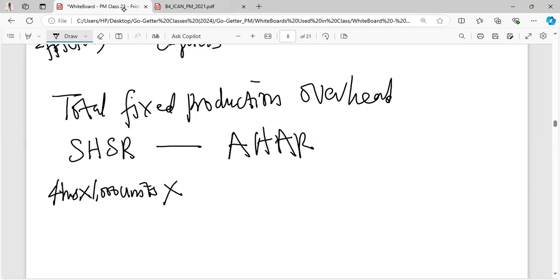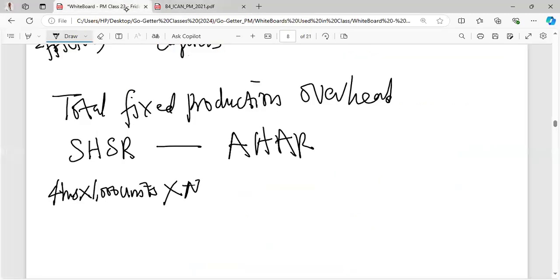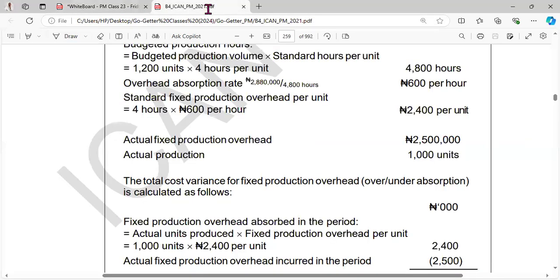Then what is the standard rate? This is the overhead absorption rate, 600. So this is the times 600. So this 600 is overhead absorption rate. This is per hour. All these are the standards. All this refers to the standard. Then the actuals. We were told that your actual production overhead is 2,500,000.